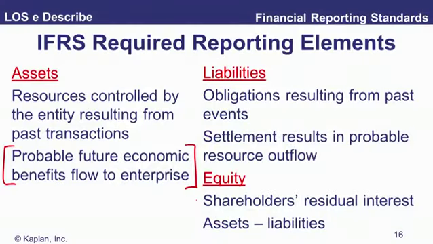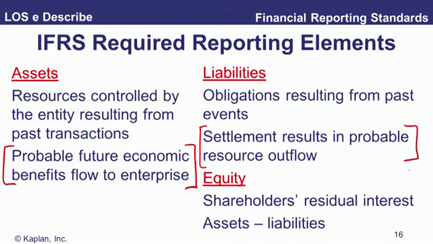Now, liabilities, of course, are obligations to third parties resulting from past events. Settlement results in probable resource outflow. So we said an asset is going to result in an inflow of benefit. A liability, therefore, results in an outflow of benefit when it is settled. So again, that's the definition of a liability I want you to take into the exam.